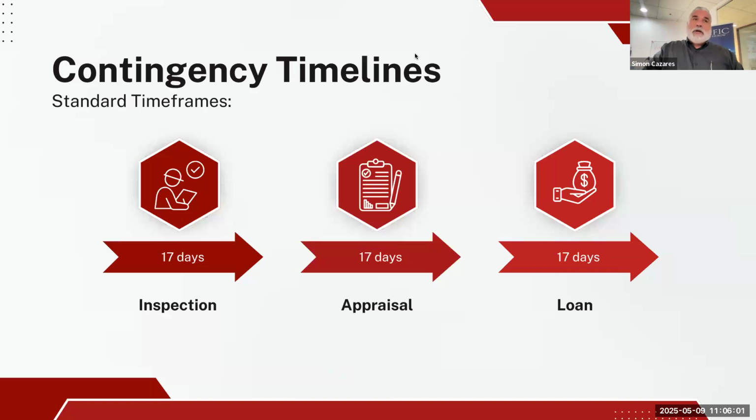And remember, an assignment does have 17 days. An assignment can be where I assign it to my own trust, my own LLC or corporation. But if I'm going to assign it to another entity that is not my entity, you need to have written approval from the seller. And if the seller's okay to assign it to someone else, then it needs to be in writing.